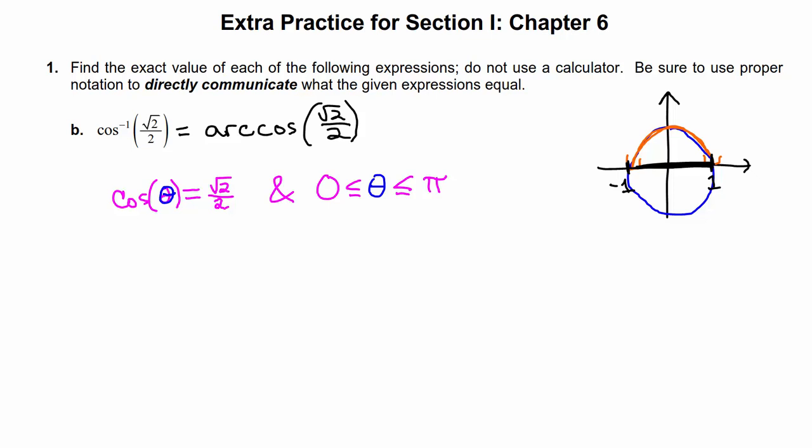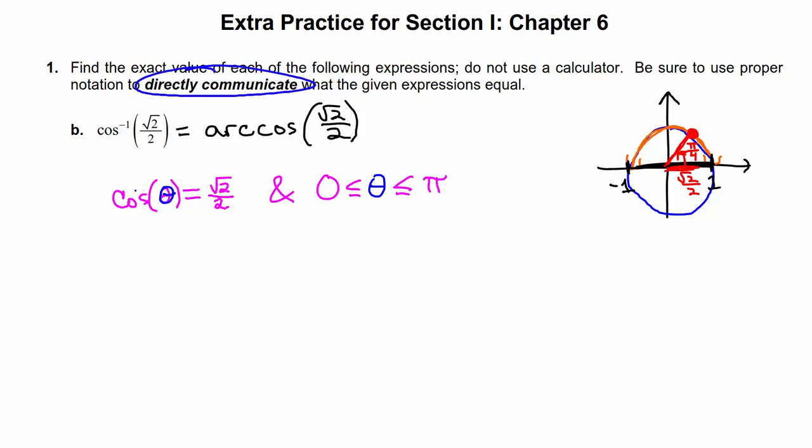And we're familiar with how the 45-degree or pi over 4 angle takes us right into the middle of the quadrant, precisely where our cosine value is square root 2 over 2. And so that angle will answer this question.